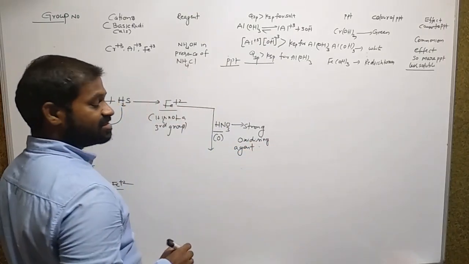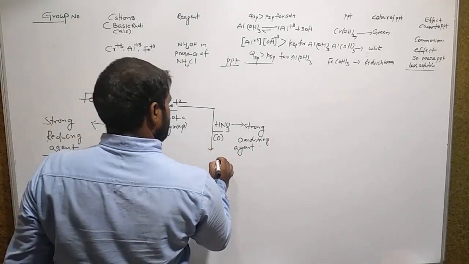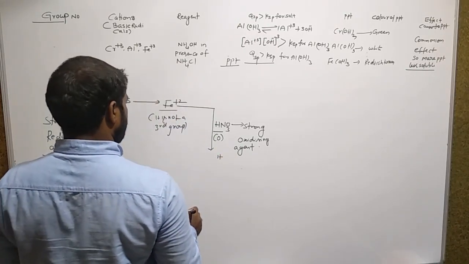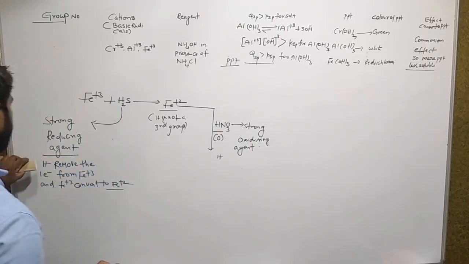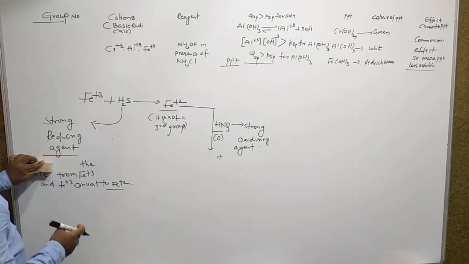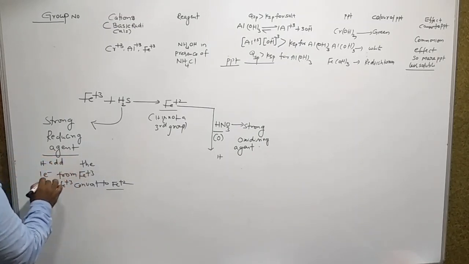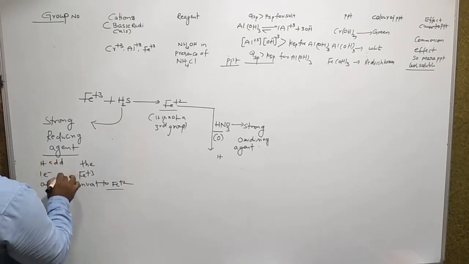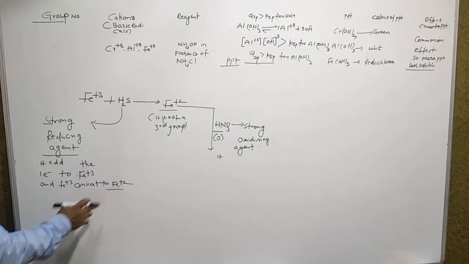So what is its main aim here by adding HNO3? A reducing agent adds an electron, one electron to Fe plus 3, and Fe plus 3 is converted to Fe plus 2.